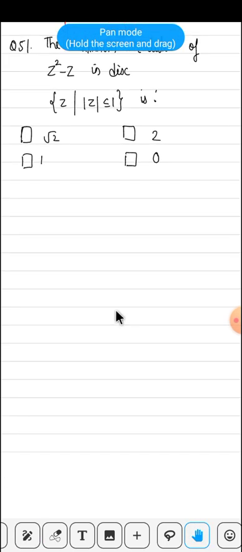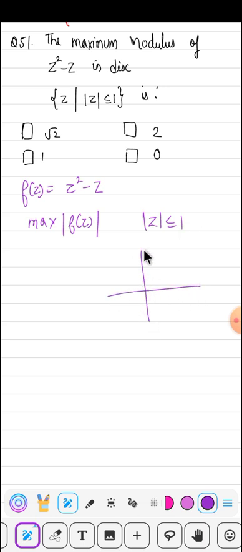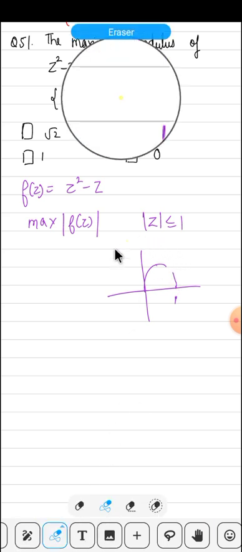So we have been asked what its maximum modulus will be. Our f of z is given as z squared minus z, right, and we want the maximum value of f of z where mod z is less than or equal to 1. If mod z is less than or equal to 1, our radius is 1.